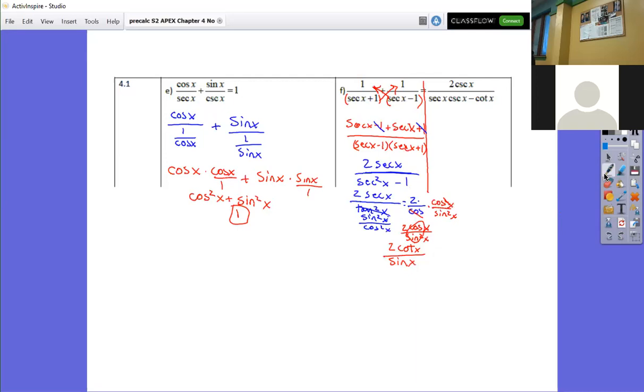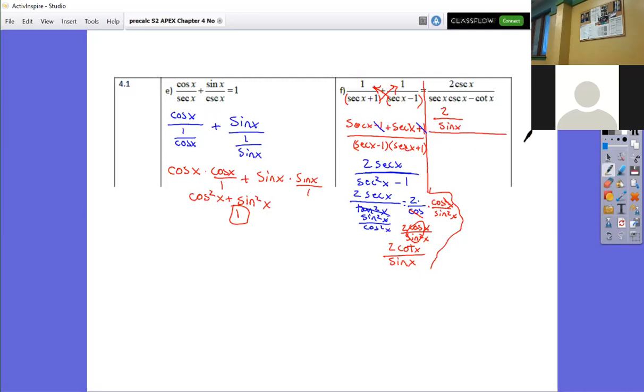All right, so 2 cosecant of x over secant of x times cosecant of x minus cotangent of x. So let's change this cosecant of x to 1 over, it's going to wind up being 2 over sine of x, all over.